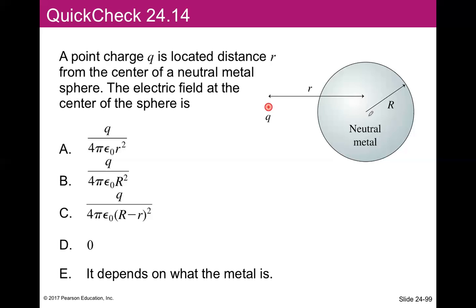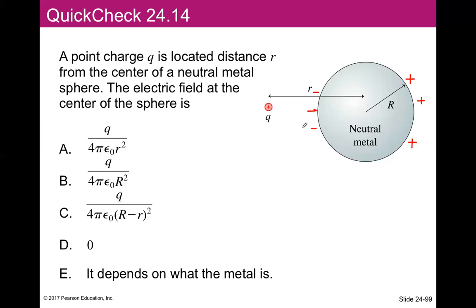But what we do know is it's a metal. If it's a metal, what will happen? There will be some induced charges on the surface.